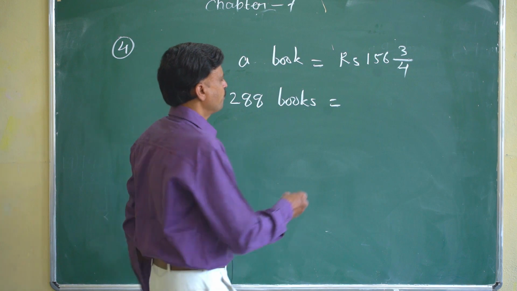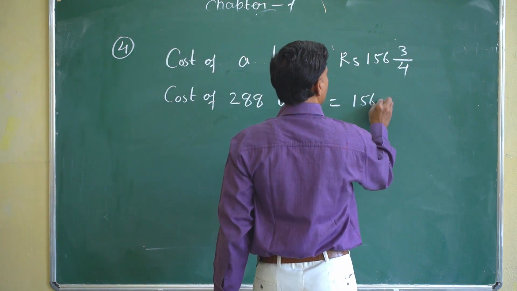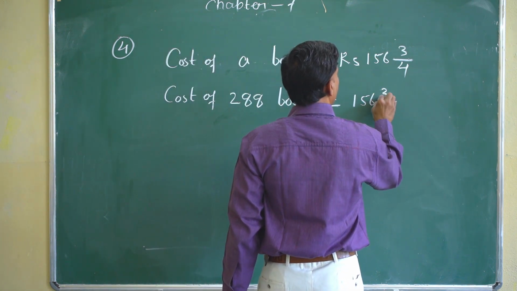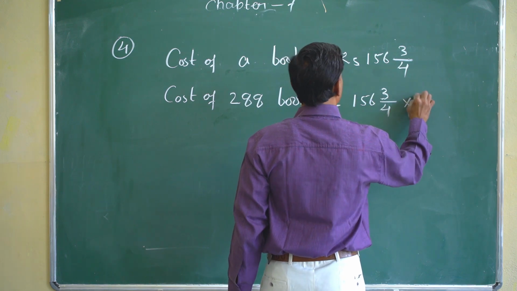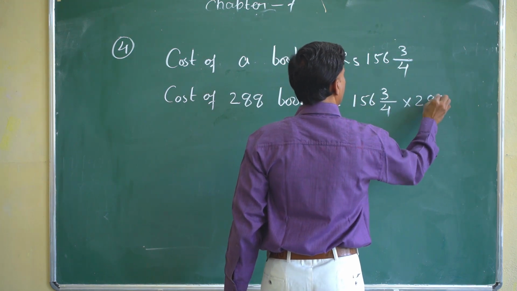So this value 156 whole number 3 by 4 will be multiplied by 288.